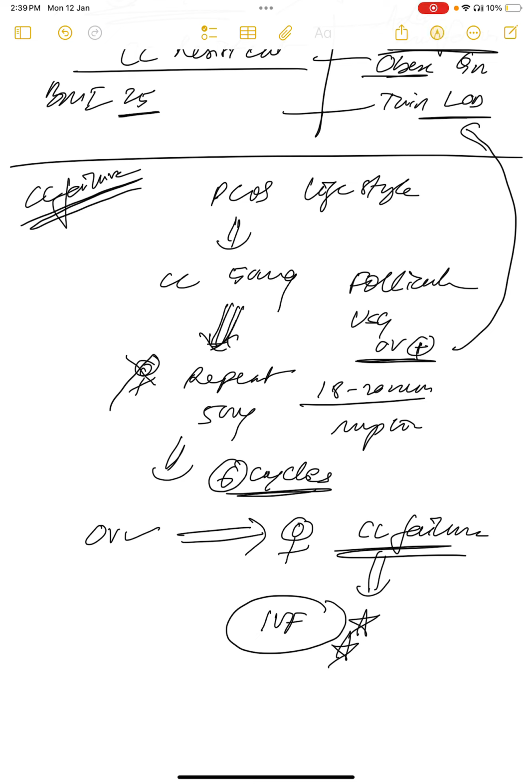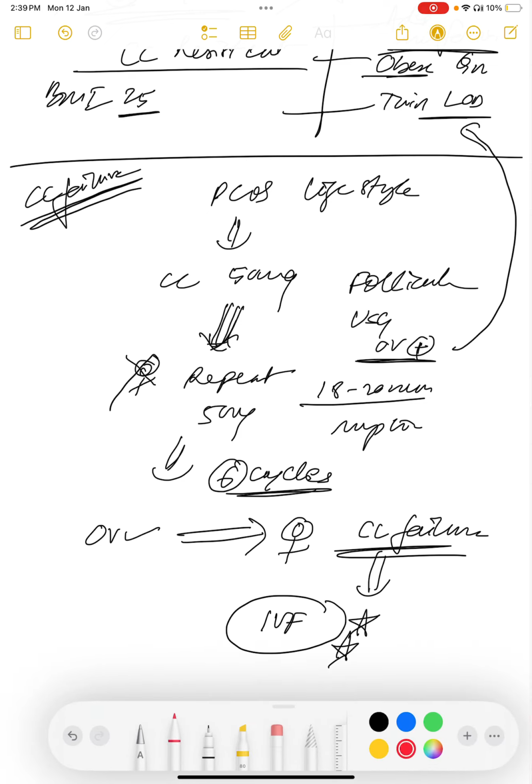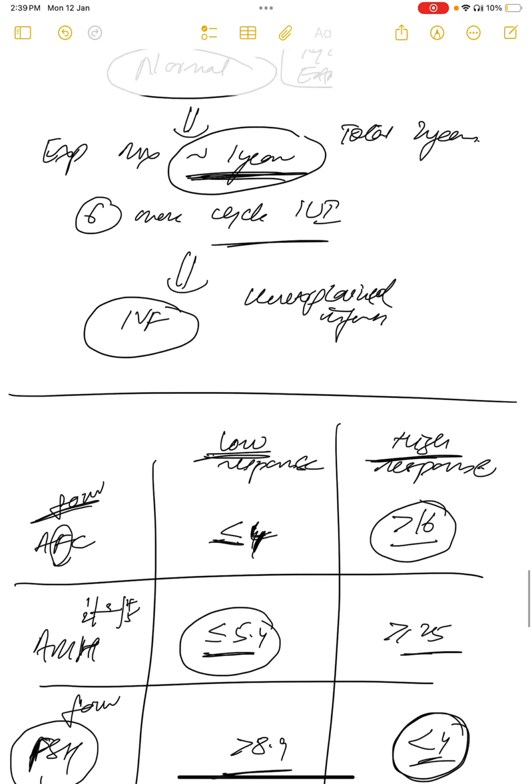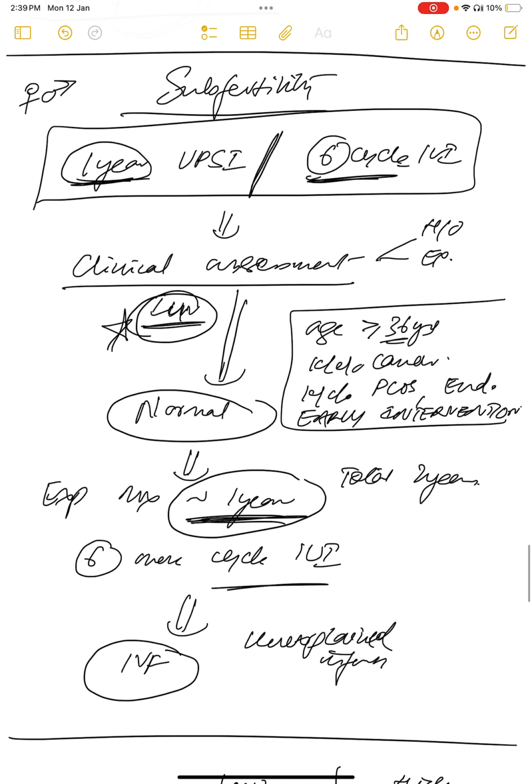Understood? That's about ovulation induction. In the next video we'll learn about IVF and embryo transfers. But let me repeat a little. In case of subfertility, if there is 1 year of unprotected intercourse and 6 cycles of IUI, first you'll go for clinical assessment, history, examination, and investigations.